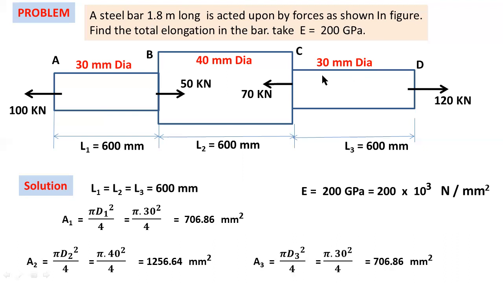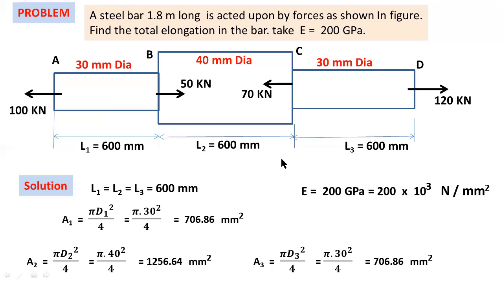I consider this one as D3, D3 equals 30 mm, so area A3 equals pi by 4 D3 square, which equals 706.86 mm square. Here A1 and A3 have the same diameter, so these two have the same areas. By using these values, you have to find the total change in length, or total deformation.